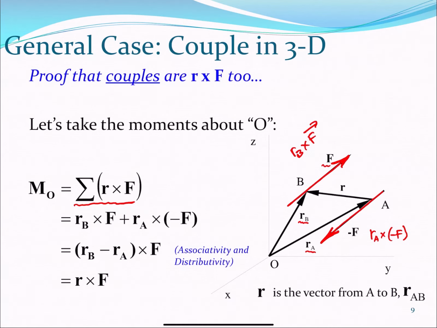So we add RB cross F plus RA cross minus F, and this is equal to RB minus RA, by the associative property, cross F.